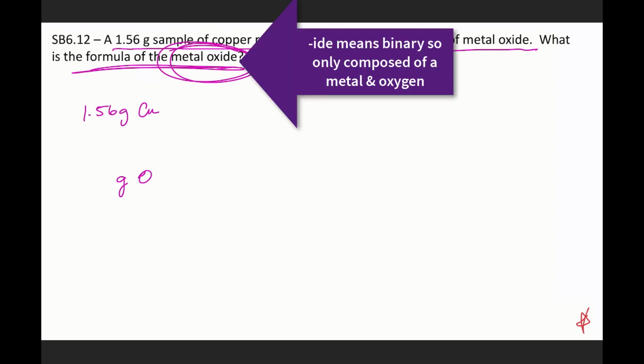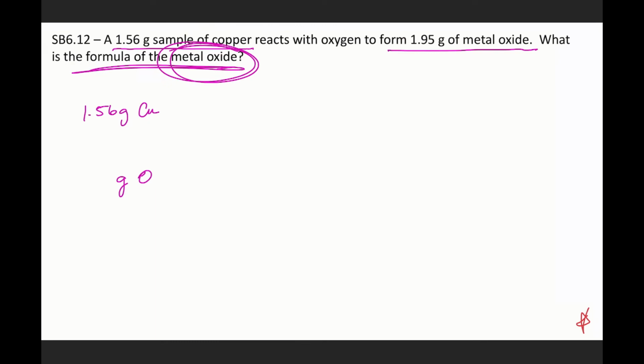What am I going to have to employ? Correct, the law of conservation of mass, where 1.95 grams of metal oxide minus 1.56 grams of metal gives me 0.39 grams of oxygen, yes?